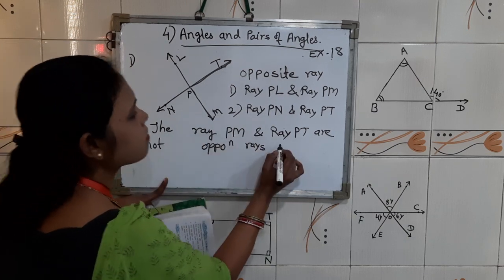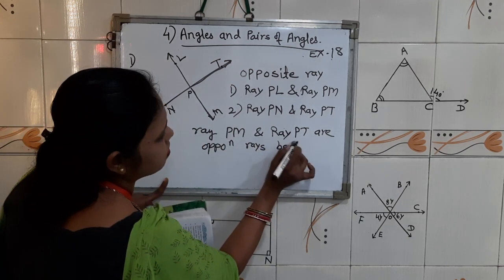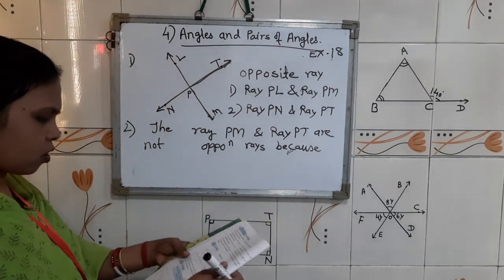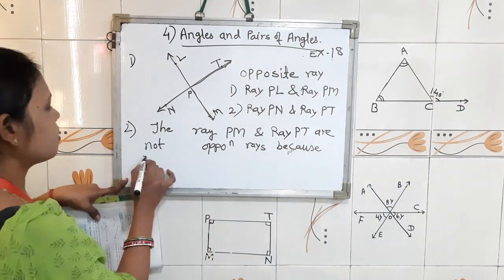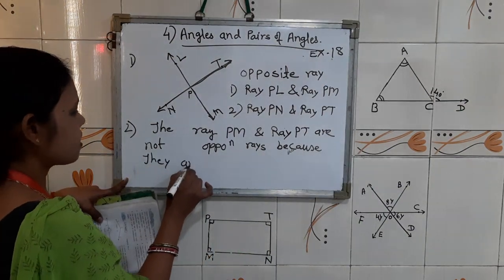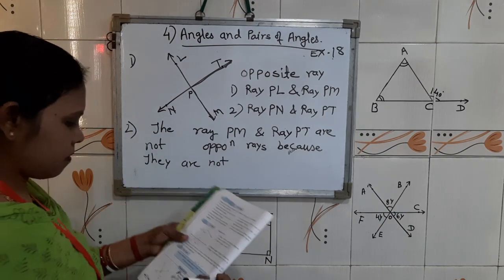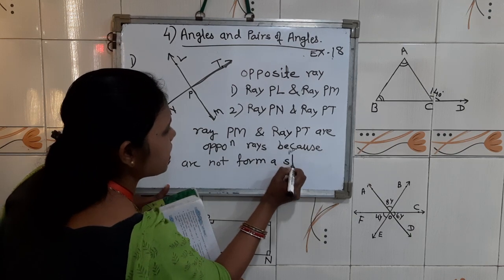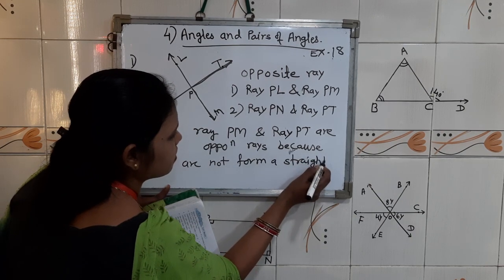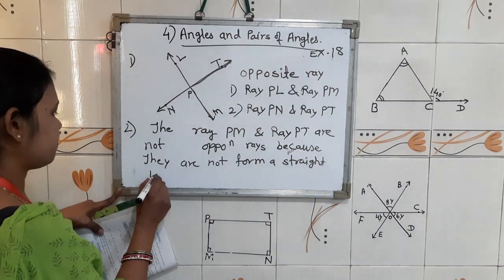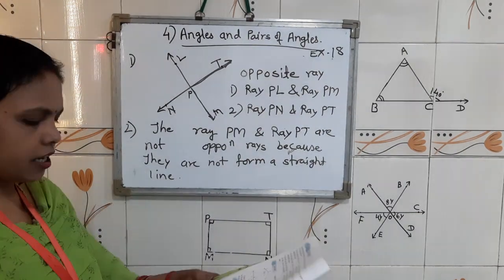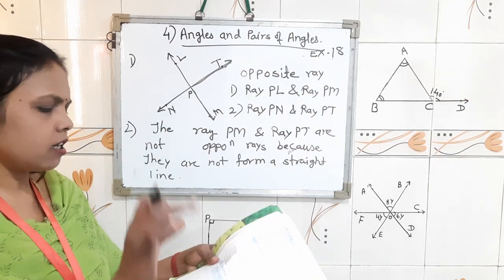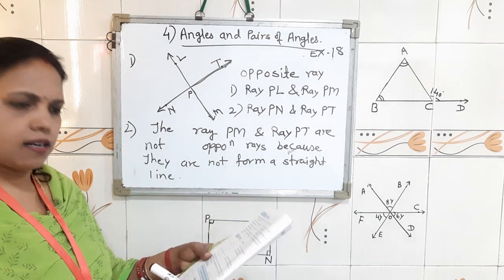Not opposite rays because they do not form a straight line. So children, here on page number 28, one statement is given in a rectangle box.